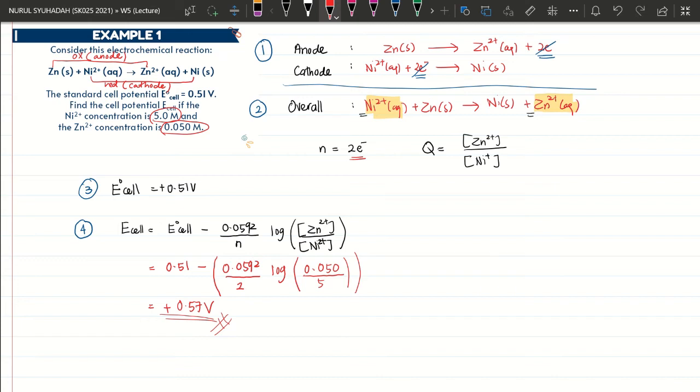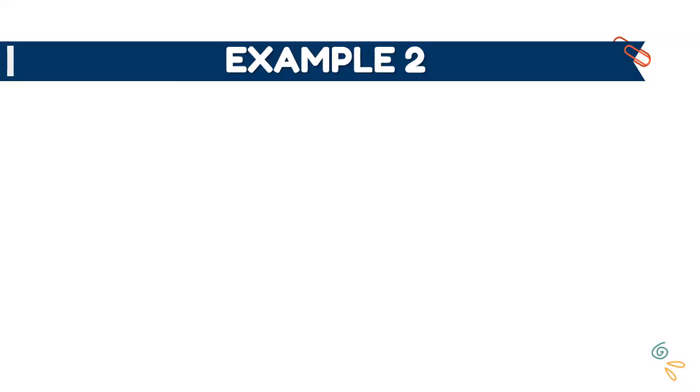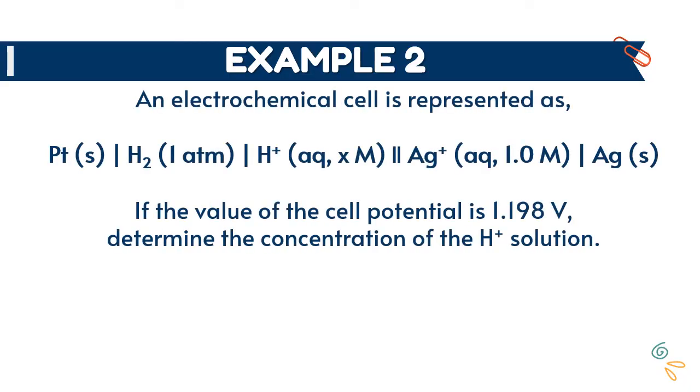So that's how you solve question number 1. Question number 2. An electrochemical cell is represented as Pt, H2 gas 1 atm, H plus.